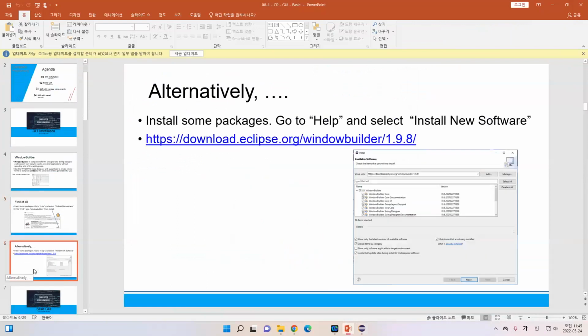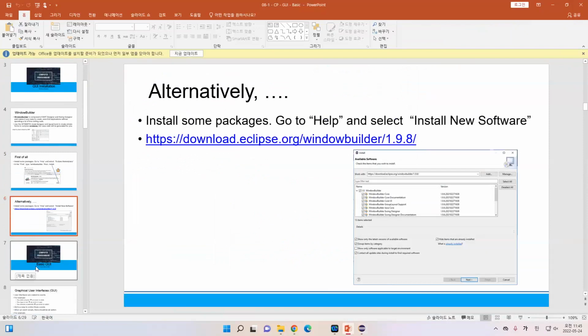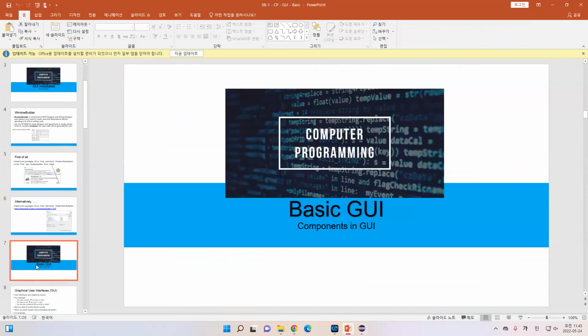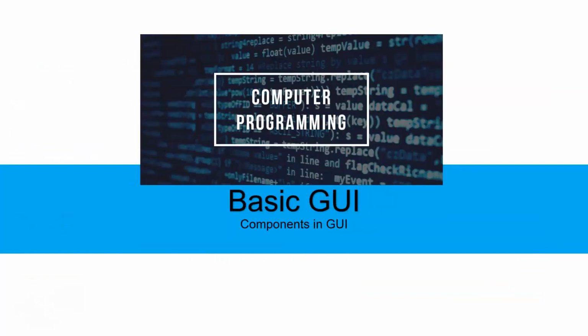I hope that you can do this GUI together with me, even though it may take some time, but it is good if you can do it at the same time together.